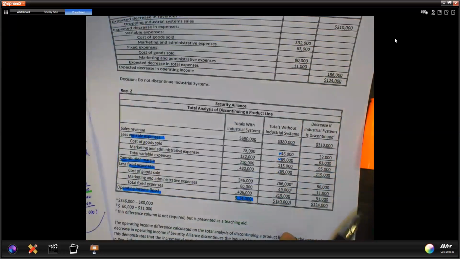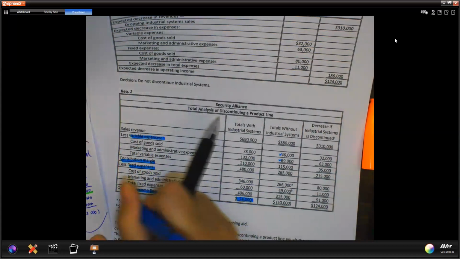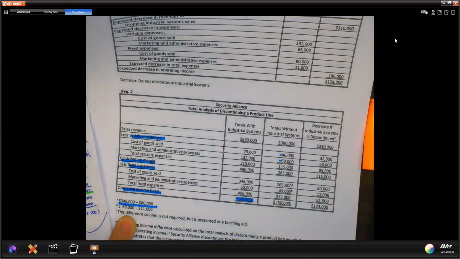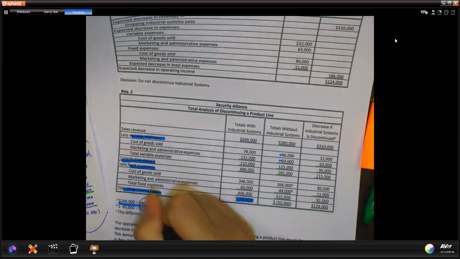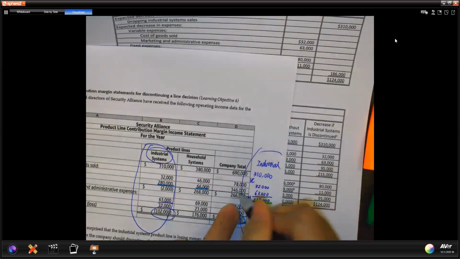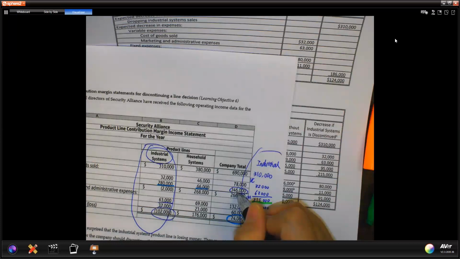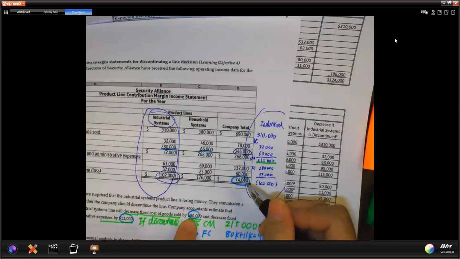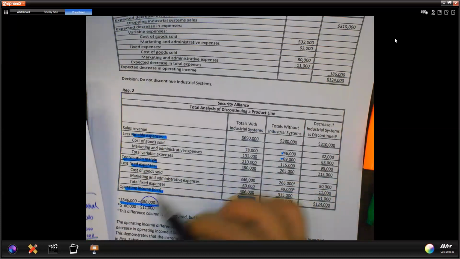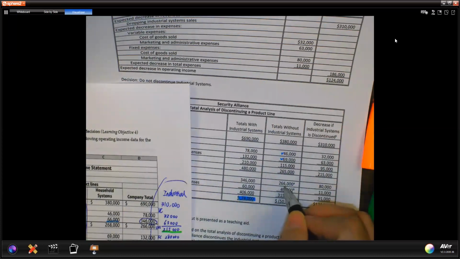So that is your original 346 minus your saving of 80,000. So you will just have 266,000 from your two departments.